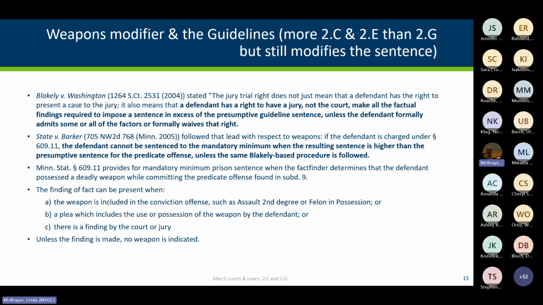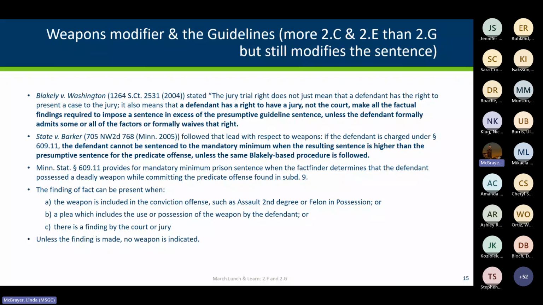There are ways around it that are slightly outside of our purview with this. So we're just introducing this Blakely idea because it led to other things in Minnesota, specifically one related to a weapon. What Blakely did was pretty much neuter the U.S. sentencing guidelines and say that they are absolutely advisory.